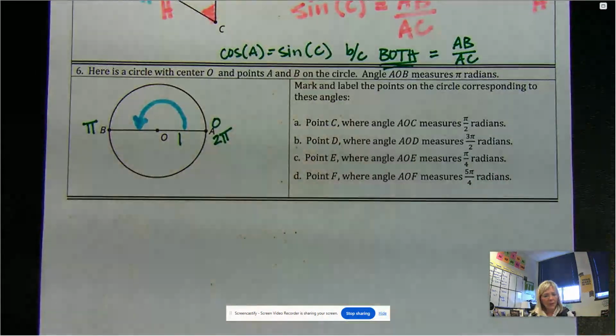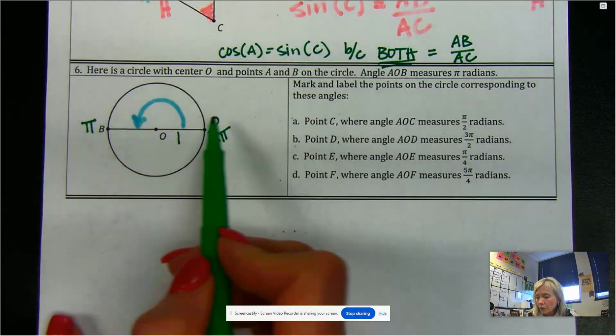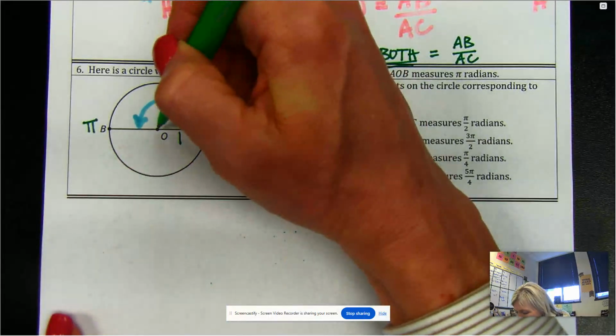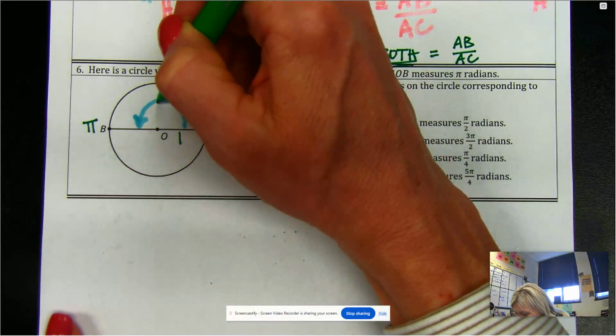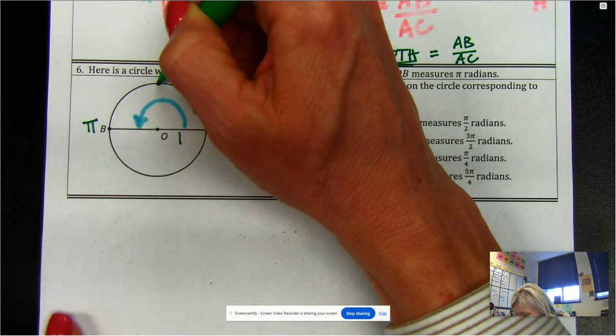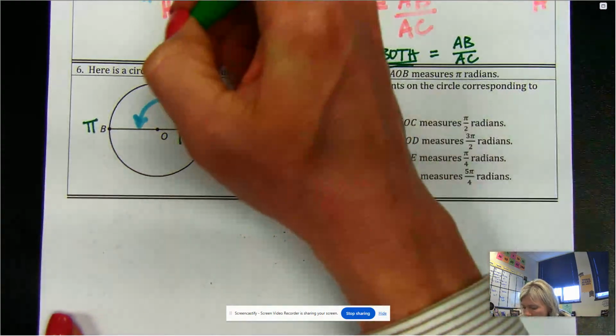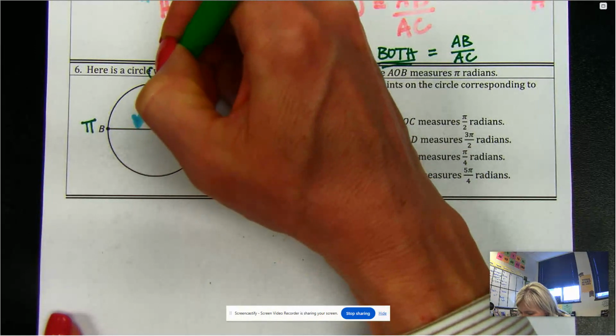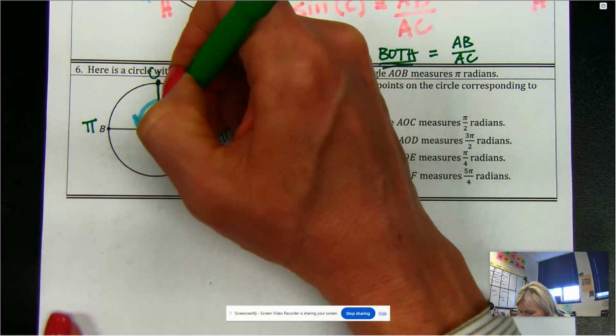Okay? All right. So point C, where AOC measures pi over 2, or half of pi. So if the semicircle is pi, then halfway, so straight up from here, is where I would put point C. So that this is basically a 90-degree angle.